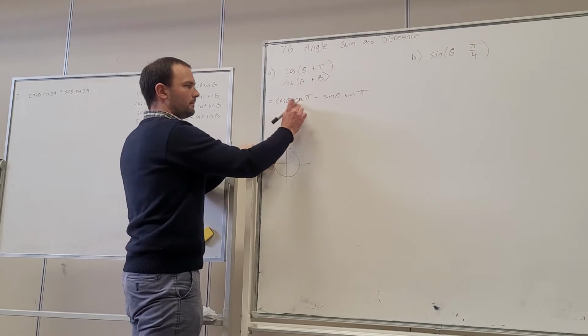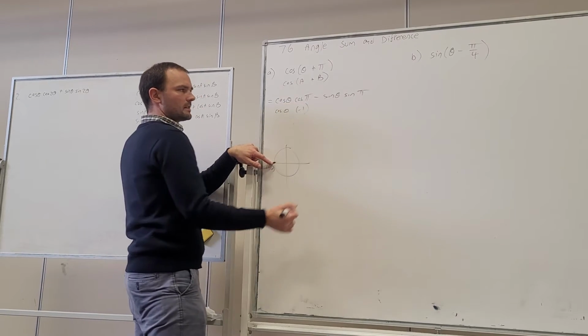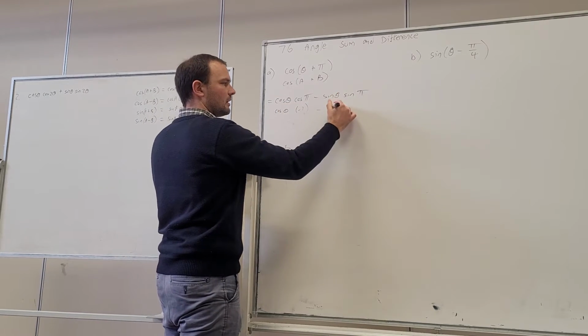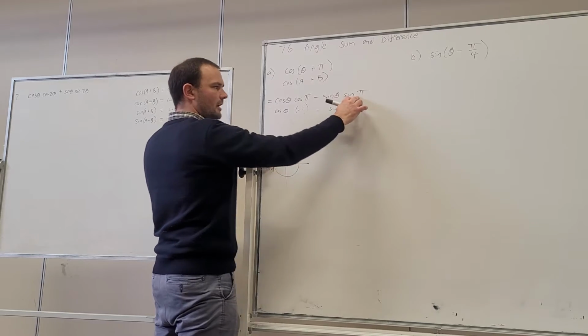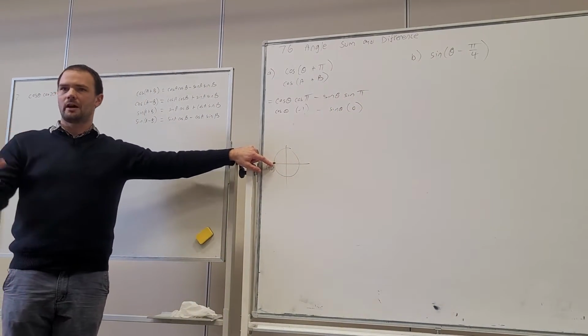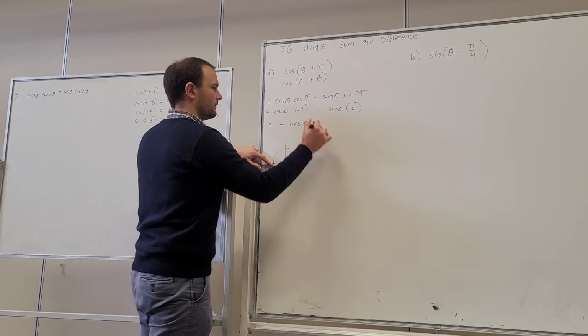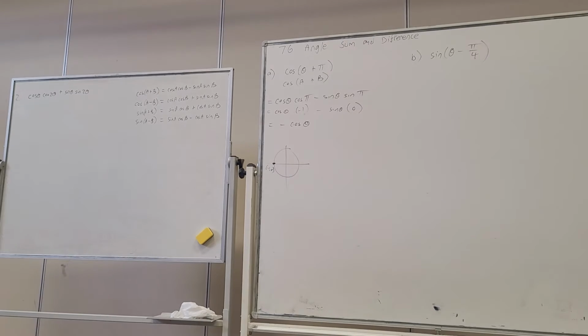So here we've got cos of pi, that's going to become -1. So we've got cos theta times -1, and then we have to take sine theta times sine of pi, which is 0. Okay, so then to write this in simplest form, it is minus cos of theta.